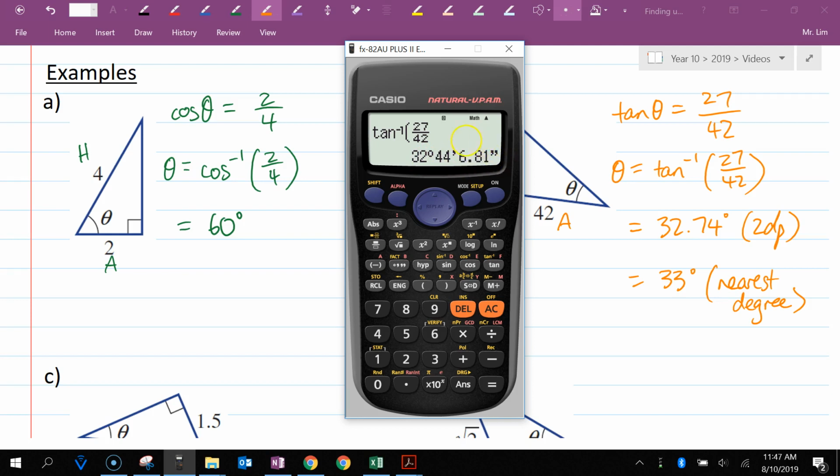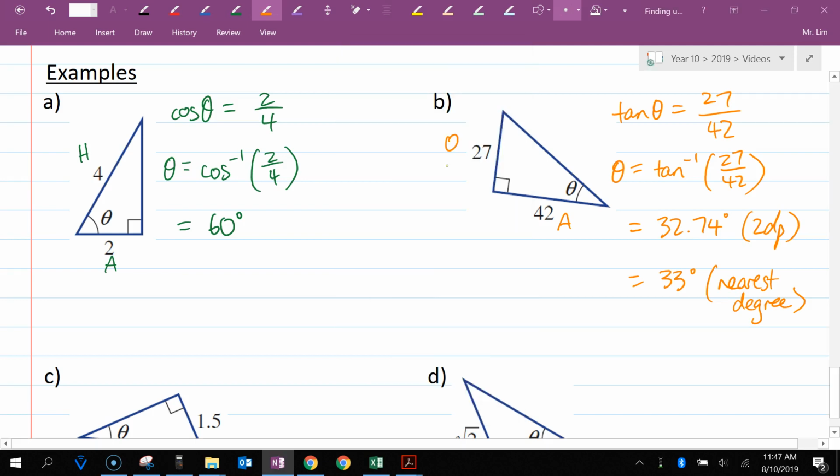If the seconds were 30 or more, it's going to round the minutes up because there are 60 seconds in a minute. So any more than half of that rounds the minutes up to 45. Anything less keeps this the same. So this will be 32 degrees and 44 minutes. And that's to the nearest minute.